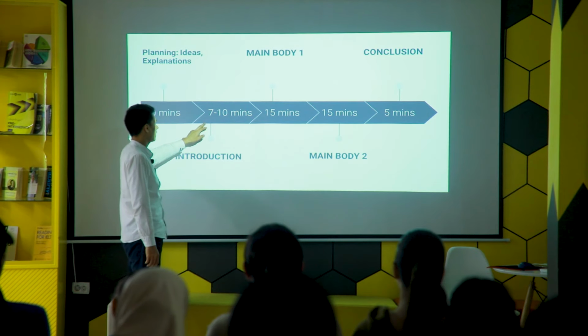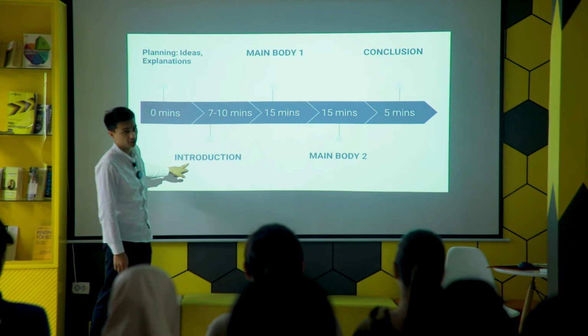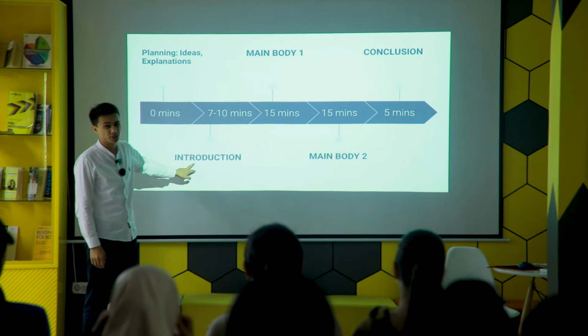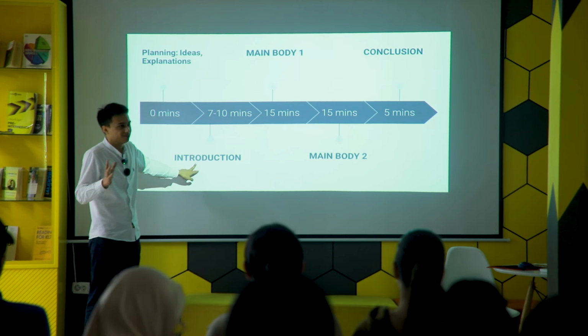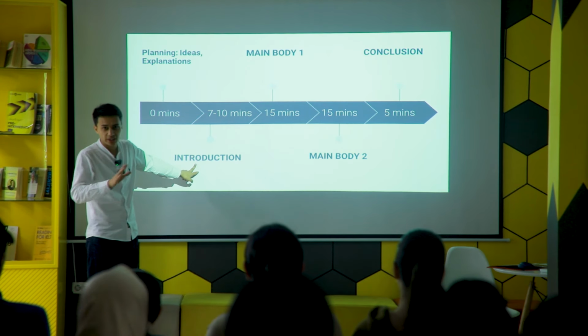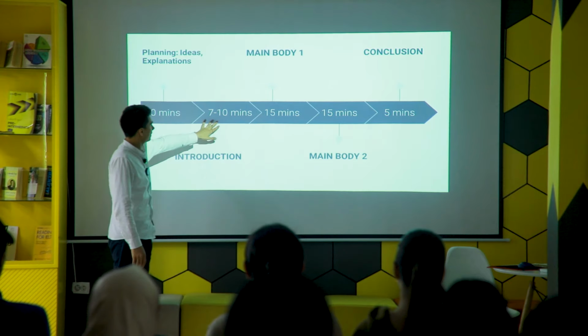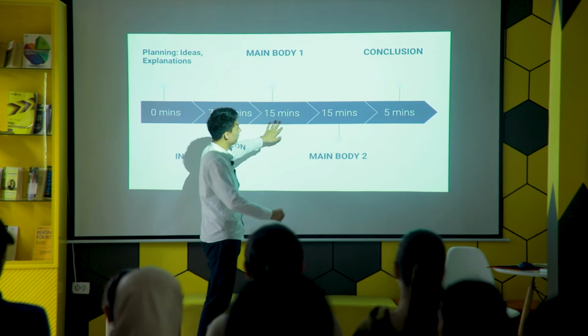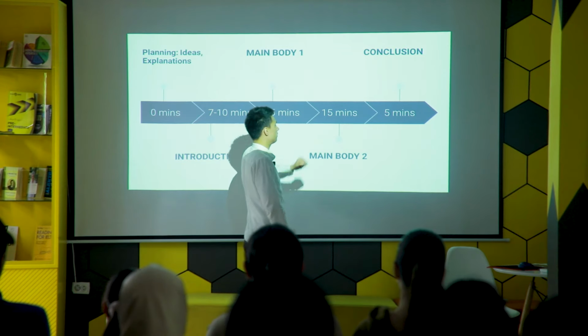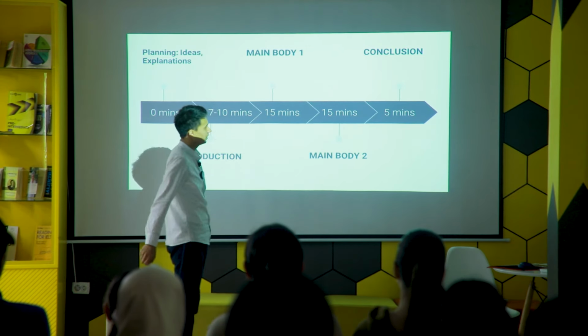Then they will have to spend like 7 to 10 minutes on their introductions. That's not good. That's bad. The introduction should usually take 2 to 5 minutes, nothing more. Then main body number 1, 15 minutes. Main body number 2, another 15 minutes. And then the conclusion, 5 minutes.